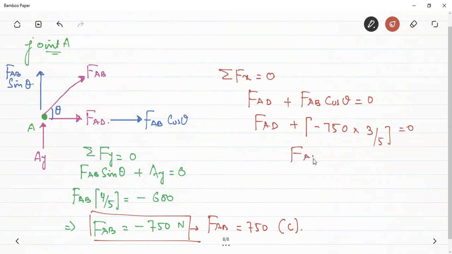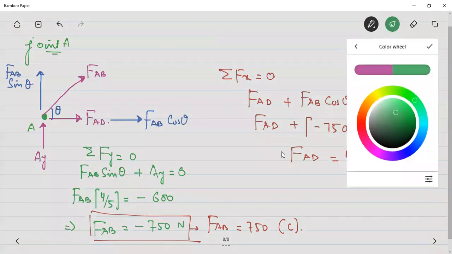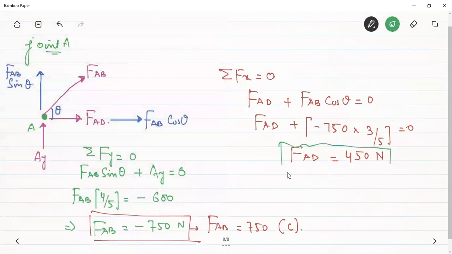So from here we get that FAD is equal to 450 newtons. And this is a tensile member, because the force is positive, which means that our assumed direction, that is, we had assumed that AD is in tension, is correct. Therefore, FAD is 450 Newton, hence the member is in tension.